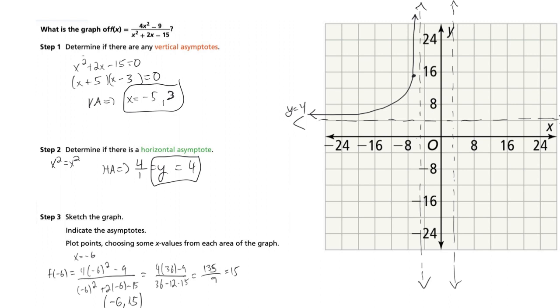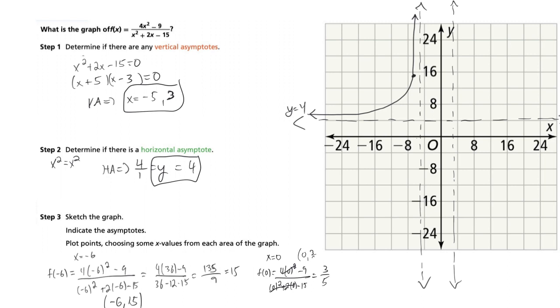Now, let's test a point in between. Let's test x equals 0. So f of 0 is equal to 4 times 0 squared minus 9 over 0 squared plus 2 times 0 minus 15. These all cancel out, and we get negative 9 over negative 15, which reduces to positive 3 over 5.